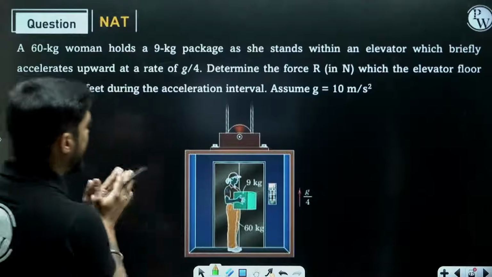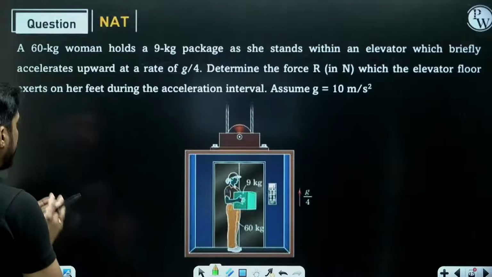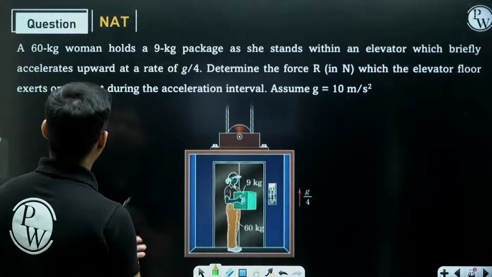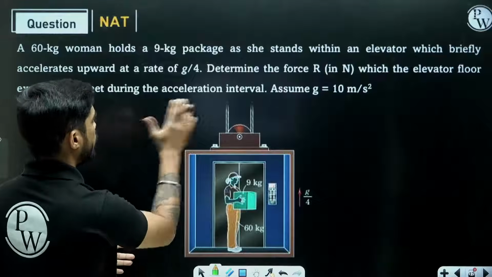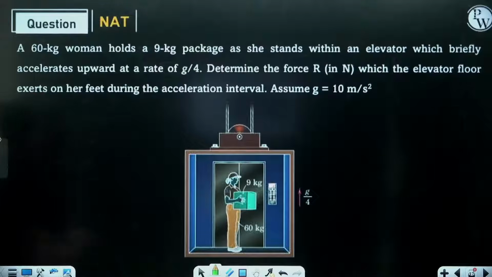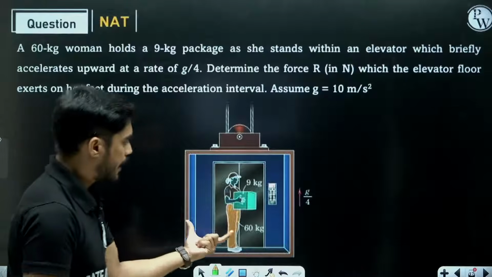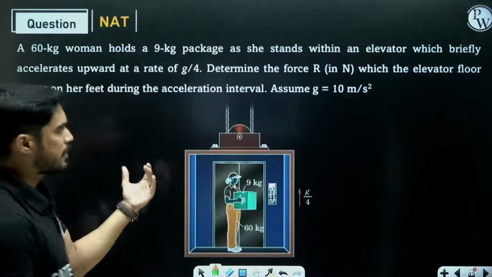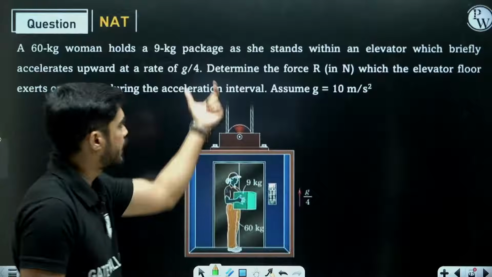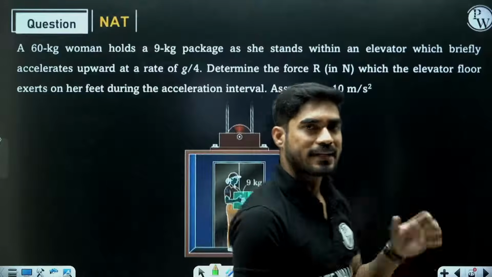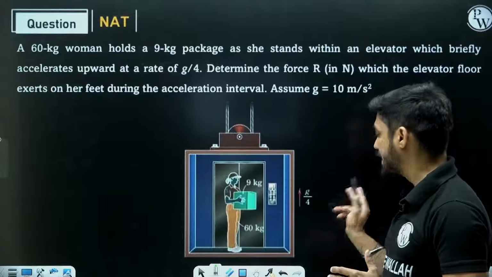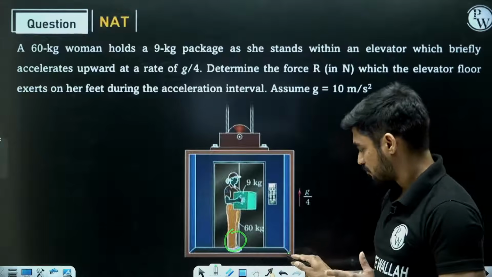Determine the force R which the elevator floor exerts on her feet during the acceleration interval. Means when this lift is accelerating upwards, at that time what is the force acting between the feet of woman and the floor?